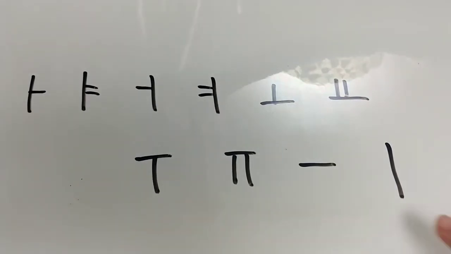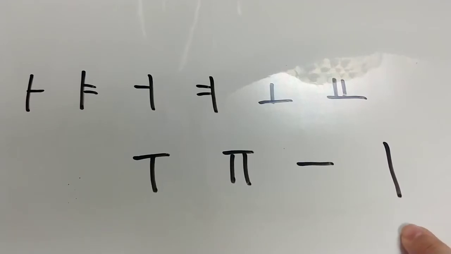So let's see this vowel. This vowel is E, the E sound. And you can put E to the other vowels.